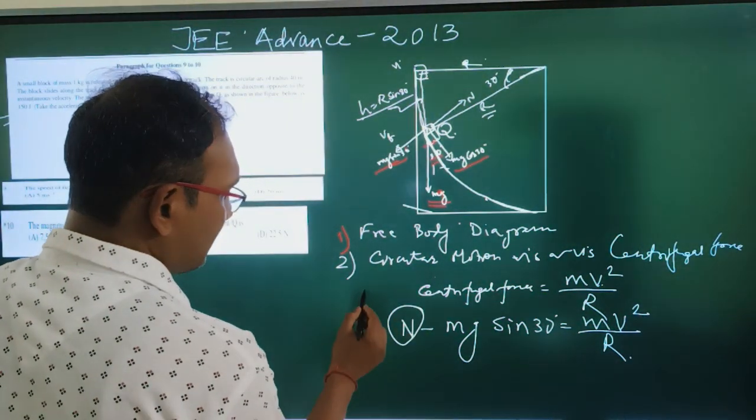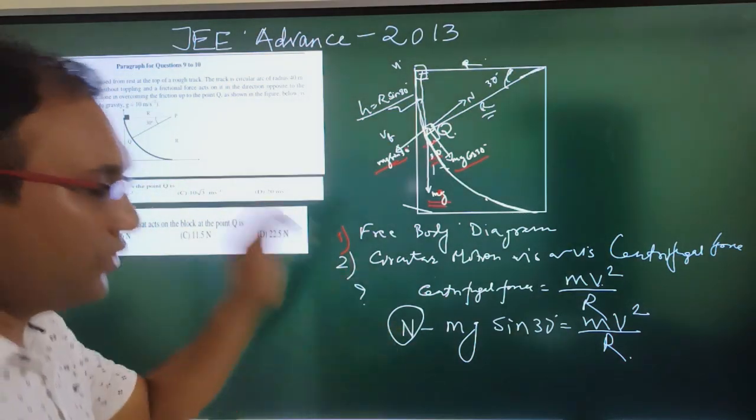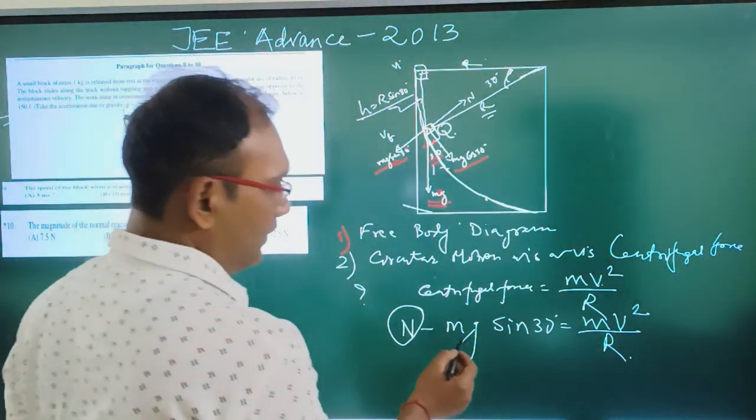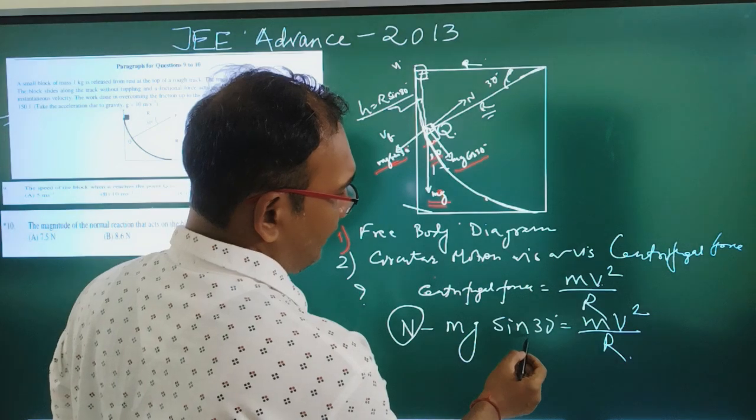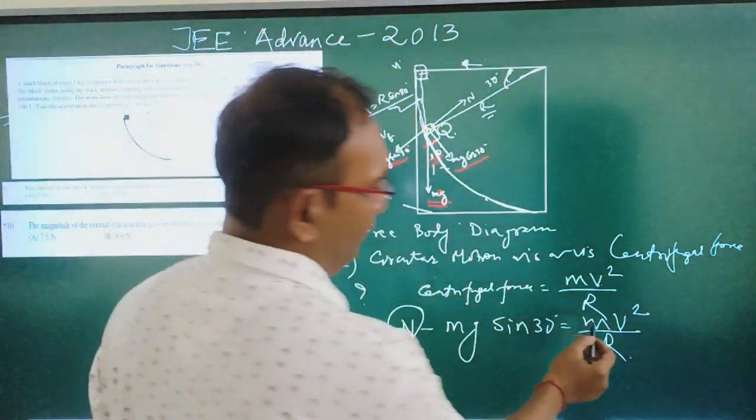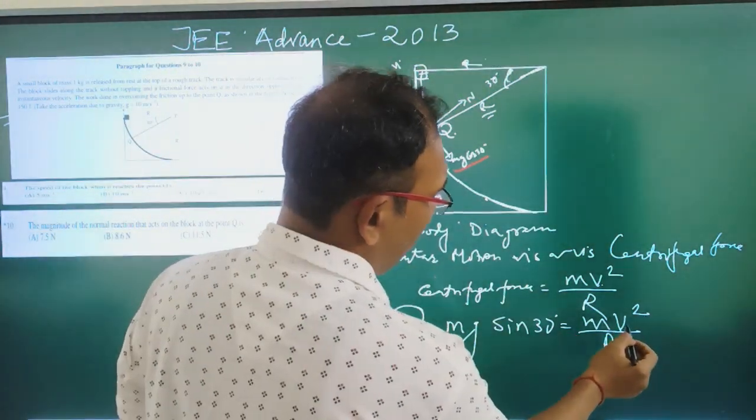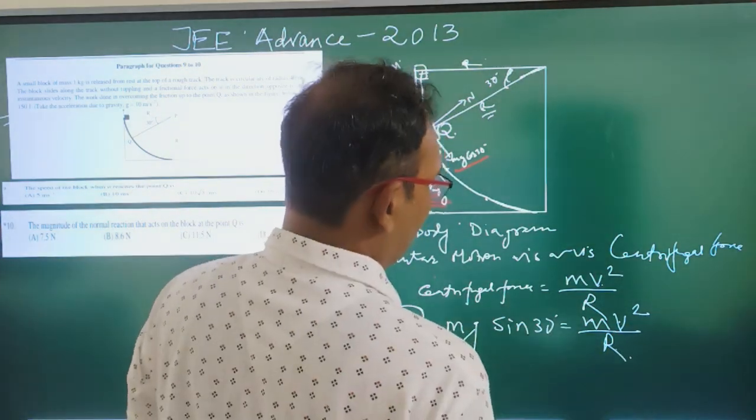This question is asked. If you put the values here, m is 1, g is 10, sin theta is equal to half, again m is 1, v square we already found out is 10, and r is 40.